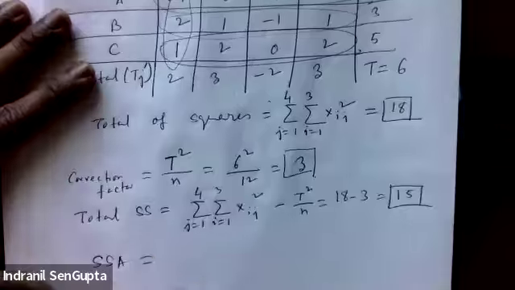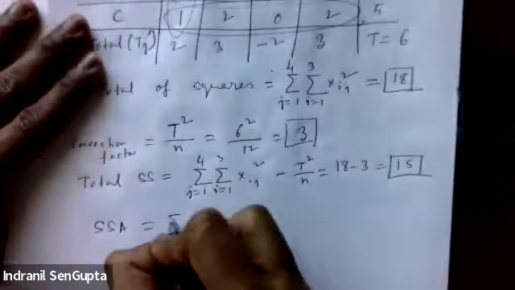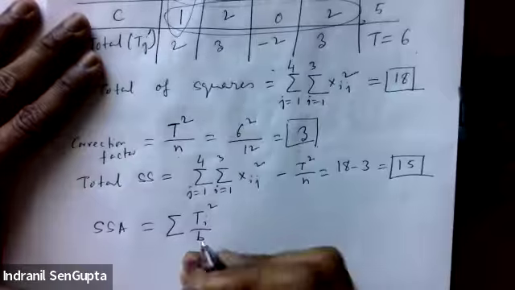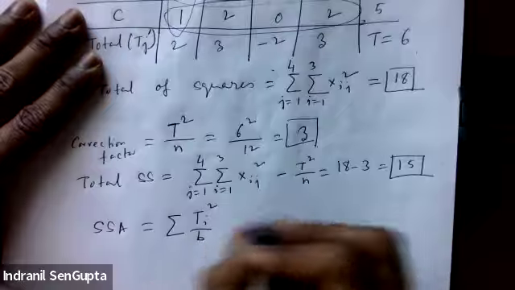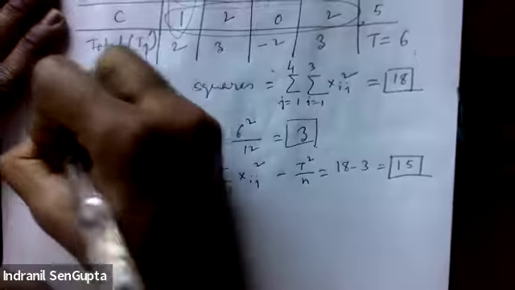SSA, which is given by summation ti square over b, and so here my a is the number 3 and b is the 4.